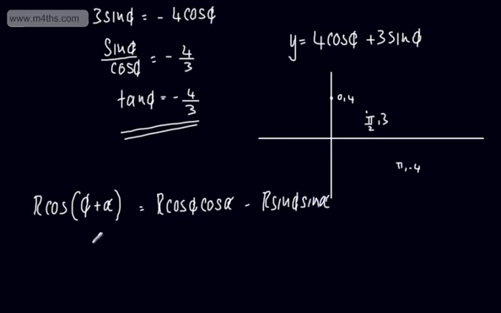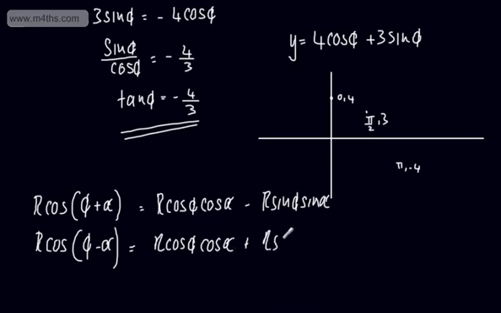If we write out r cos of theta minus alpha, we're going to end up with r cos of theta cos of alpha, and then plus r sin theta sin alpha.